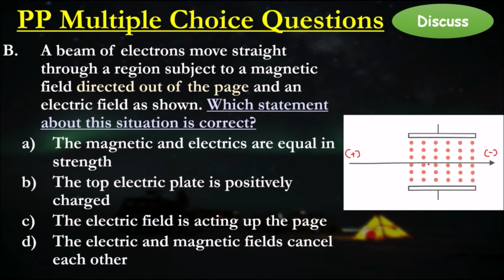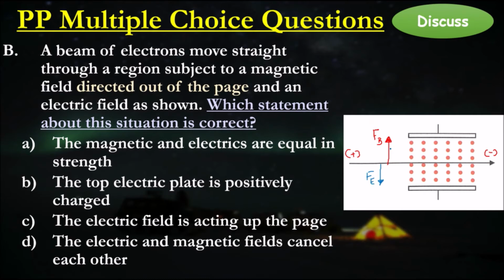Our magnetic field lines are coming out of the page. So have your fingers pointing towards you, and your right thumb pointing to the left. Your palm should be pushing upwards. In that case, you have a magnetic force pushing upwards, so you'll have an electrostatic force to counter this going down in this direction.